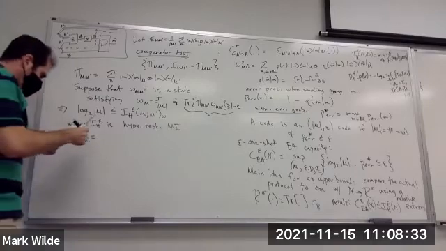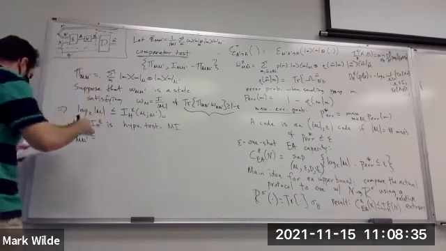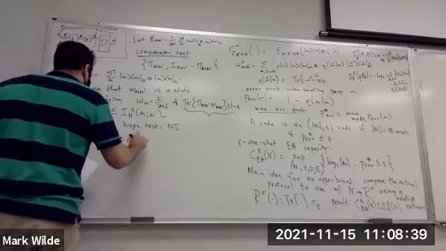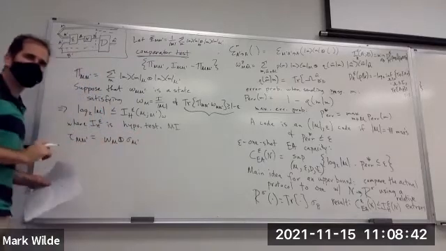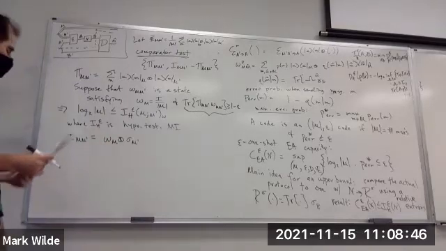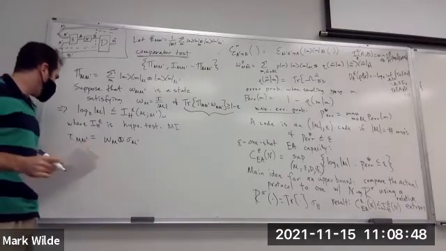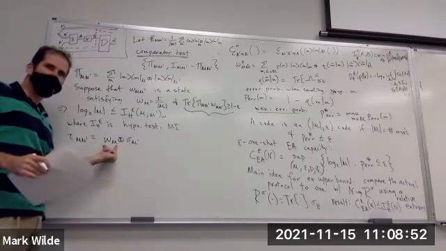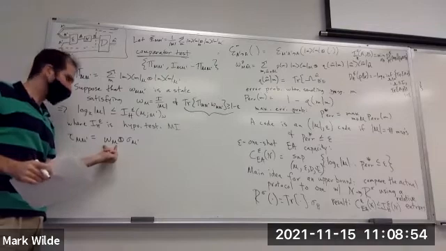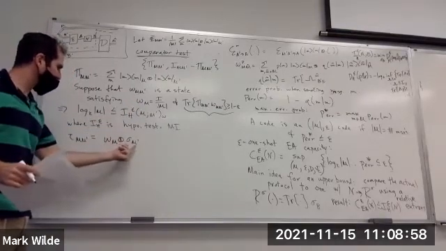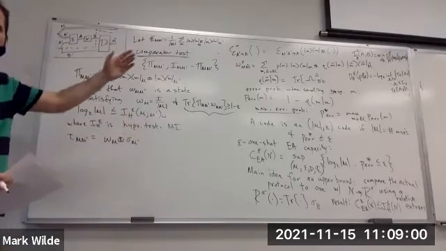So such a state would have no correlation with the input register. It would be a product state. This state will have omega as the first factor, and sigma as the second factor, where sigma is some arbitrary state.